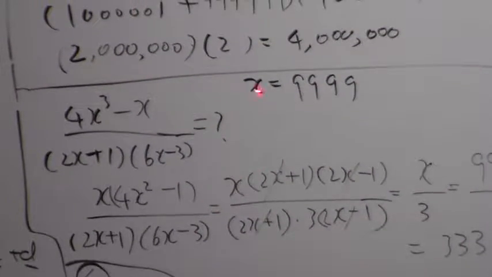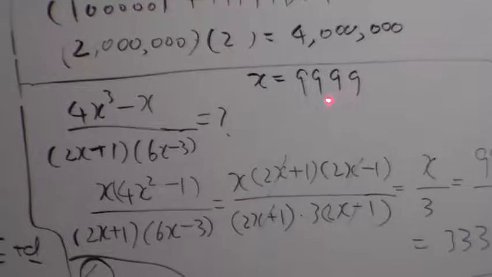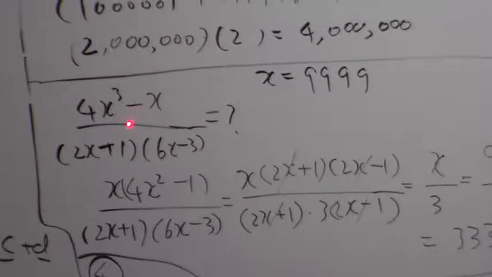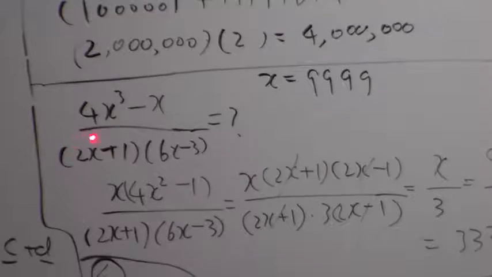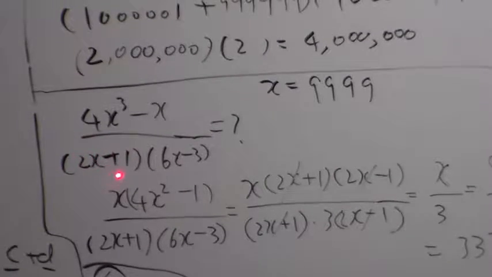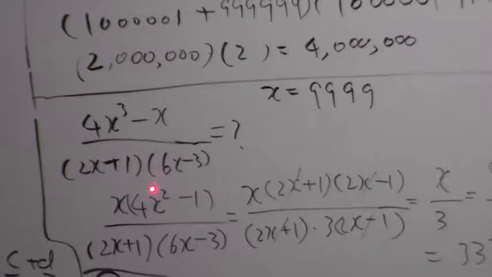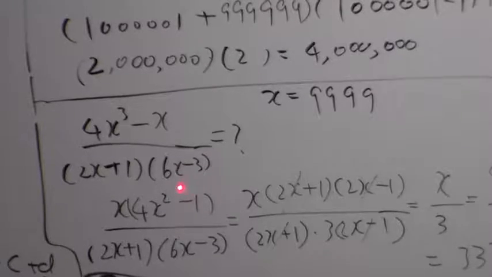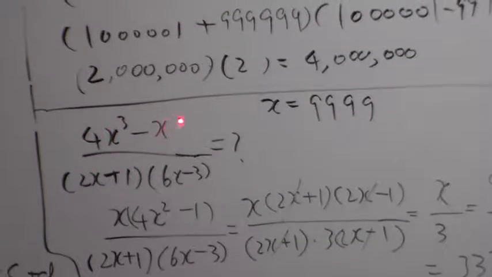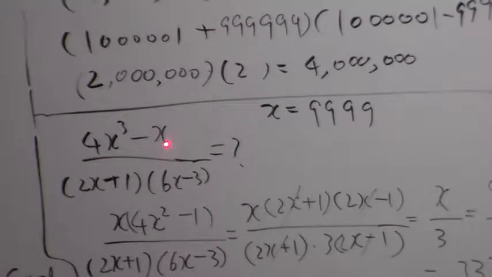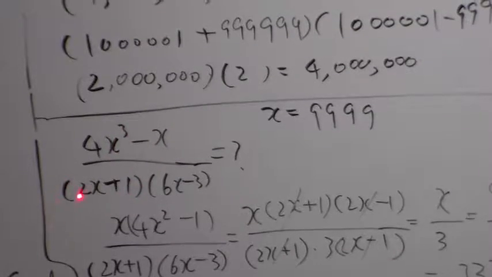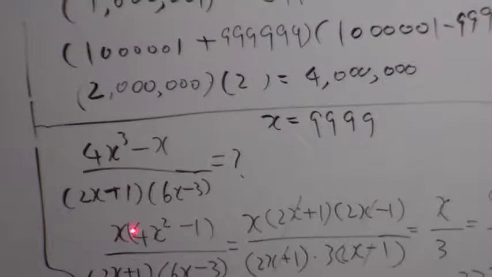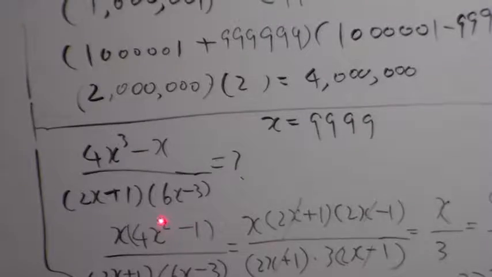Okay, x is 9999. What is the value of this? 4x cubed minus x, divided by 2x plus 1 times 6x minus 3. Once you factor this, we pull out the common factor in front, so x times 4x squared minus 1.